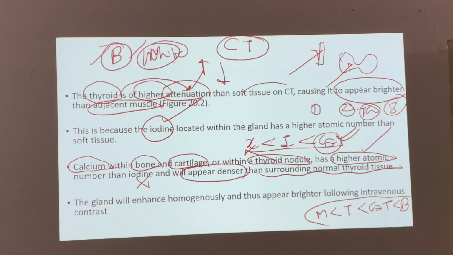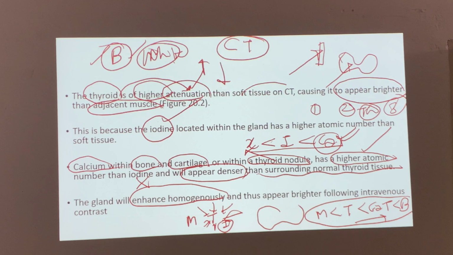As you could see, the whiteness, that is the brightness, keeps on increasing with these statements. Once again, the gland will enhance homogeneously and thus appear brighter following intravenous contrast. Muscle is less bright, thyroid is brighter because of the iodine content. If iodinated contrast is given, the thyroid gland gets concentrated with it, so it enhances homogeneously as a whole.